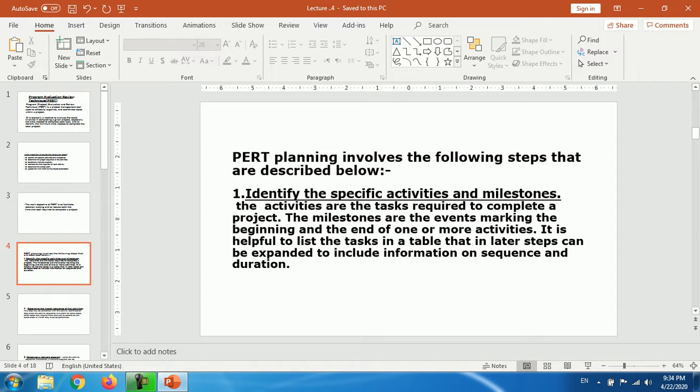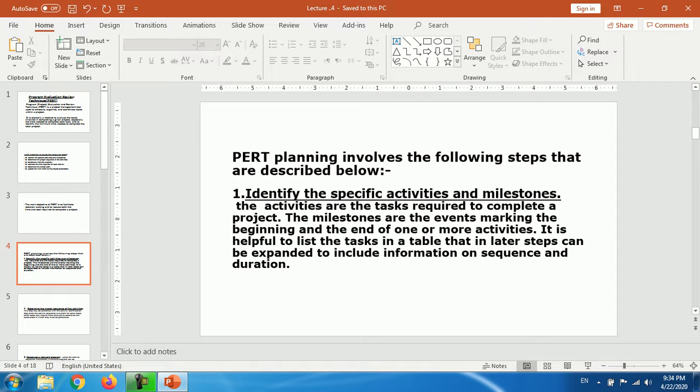PERT planning involves the following steps that are described below. Number 1. Identify the specific activities and milestones, which the activities are the tasks required to complete a project.